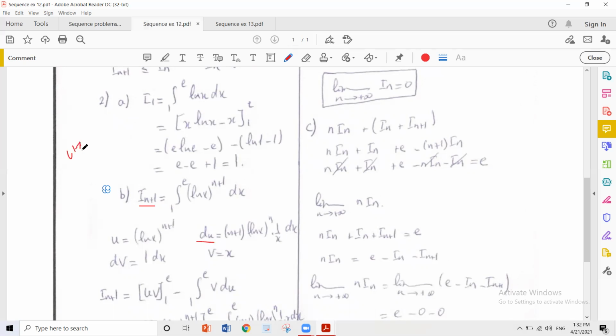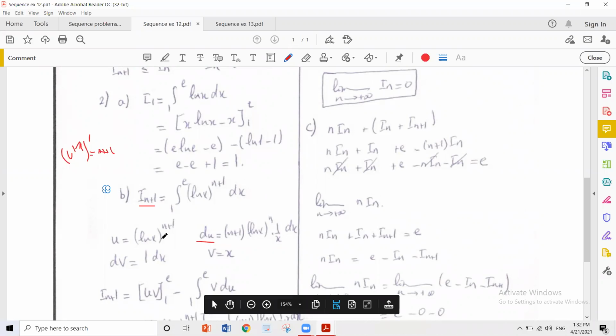What is the derivative of u to the power m? It is m times u to the power m minus 1 times u prime. So here the derivative of u to the power m is m u to the power m minus 1 times u prime. The derivative of ln x is 1 over x. dv equals dx, then v equals x.